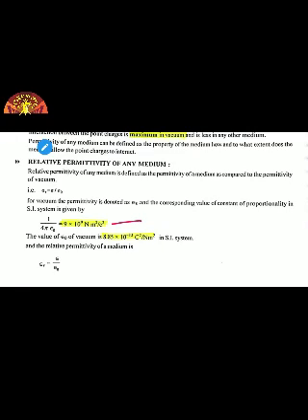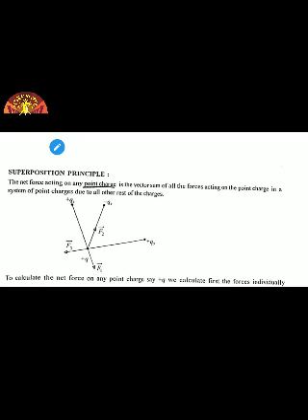And the value of epsilon naught is 8.85 into 10 to the power minus 12 Coulomb square per Newton meter square. Try to remember these units also; you can derive them from the formula itself. So this is the permittivity of free space. Let's go further. Relative permittivity, you know it now.